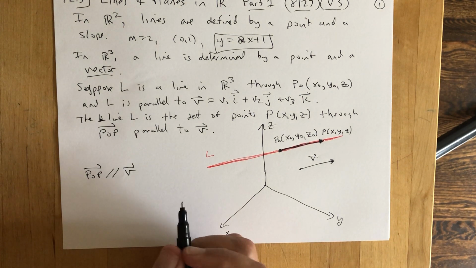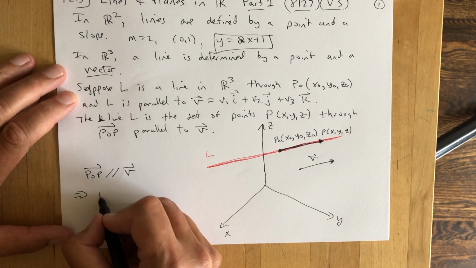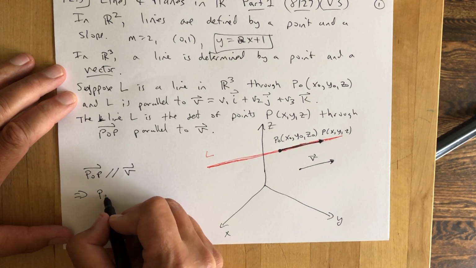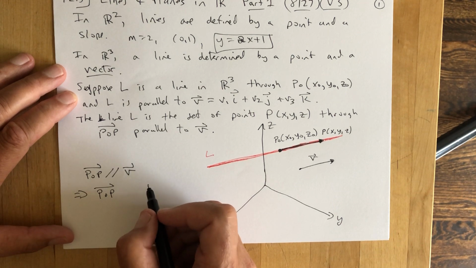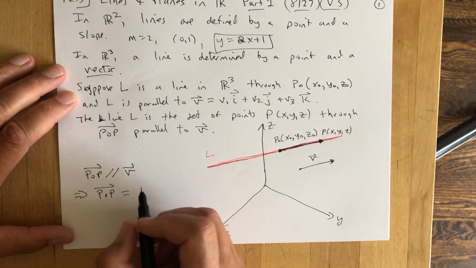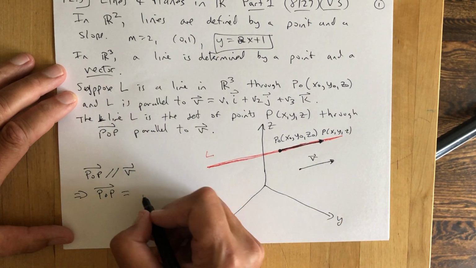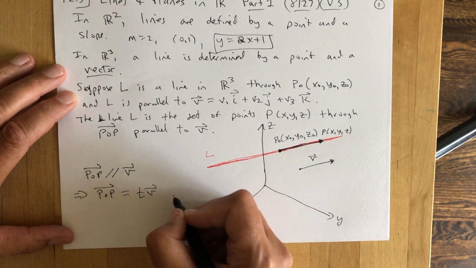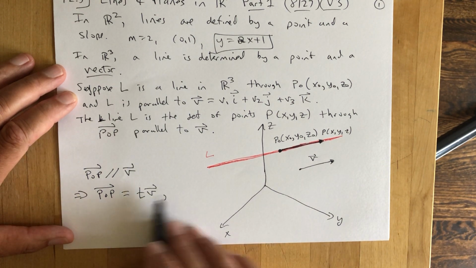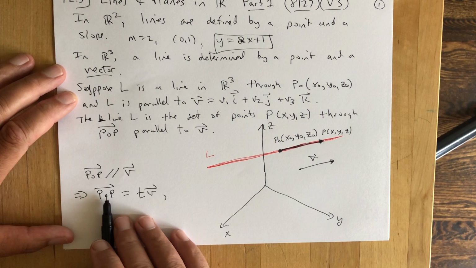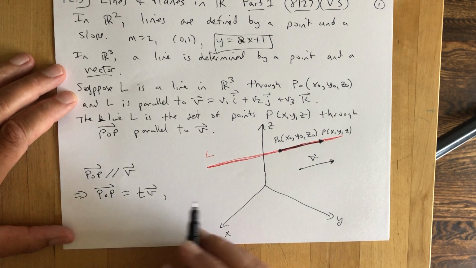Okay? And more importantly, the line through P naught P equals all the multiples tV of V. So for all these t, you take any t and you multiply it by this vector V, it's going to be equal to P naught P, because they're parallel.